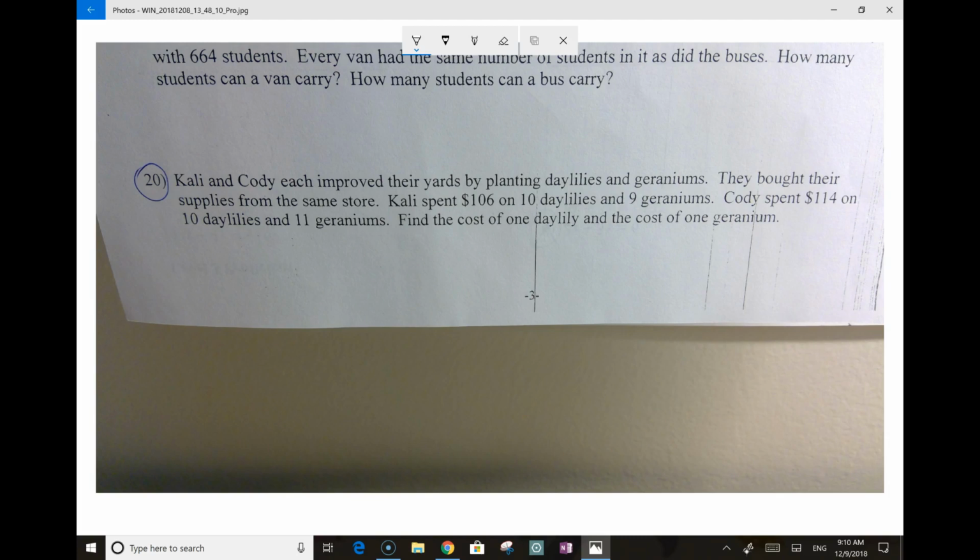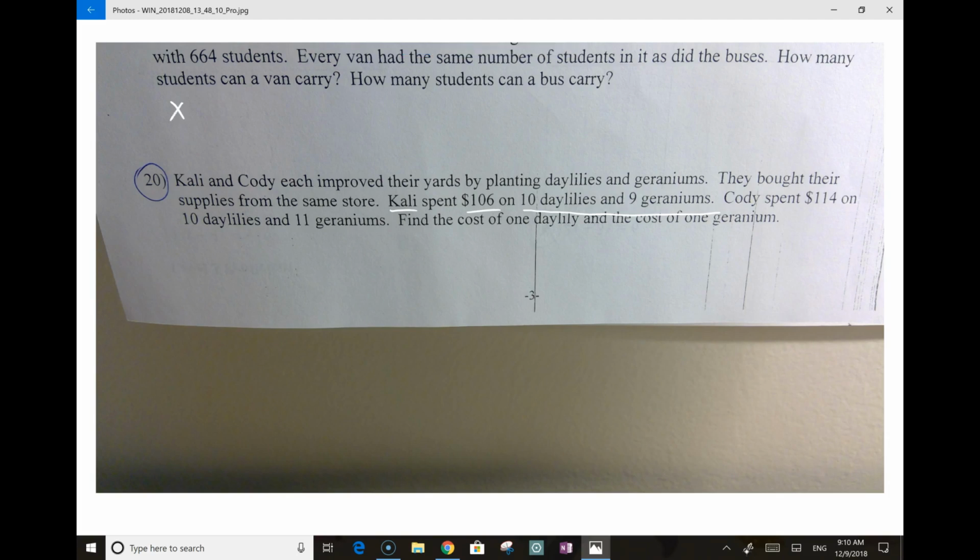So we have to extract from this all the things that are useful, and we have to throw away all the things that are useless. So I'm going to begin with Kaylee. All right. So Kaylee spent $106, and this amount was through buying 10 daylilies and 9 geraniums. So the first thing I need to understand from this is that I have 2 different types of flowers.